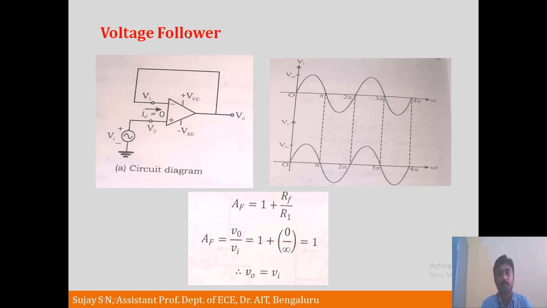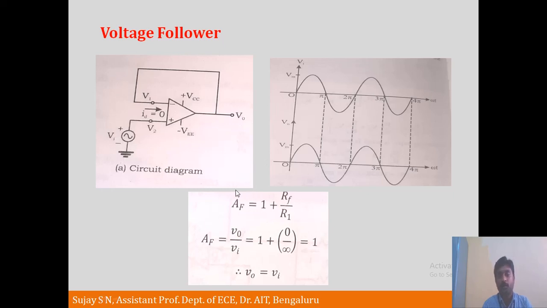As the name itself says, voltage follower, in the sense the output is going to follow the input voltage. Output voltage will be the same as the input voltage. Here this voltage follower is an application of non-inverting amplifier configuration.